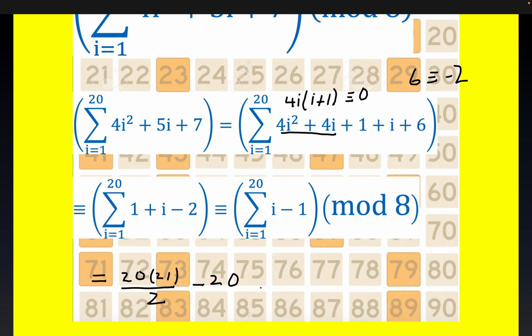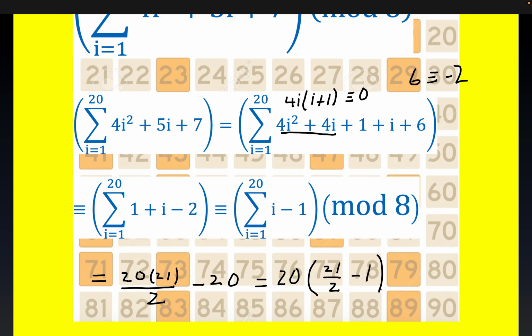So you could try to do some fancy work. Let's see, what can we do here? We could factor 20 out, right? Notice this is just equality right here. I didn't do any reduction modulo 8 at this point. Let's factor 20 out and see how this works out. If you factor 20 out, you get 21 over 2, minus 1.